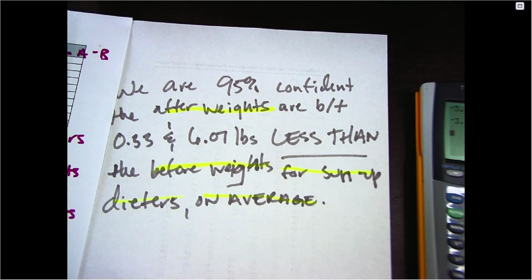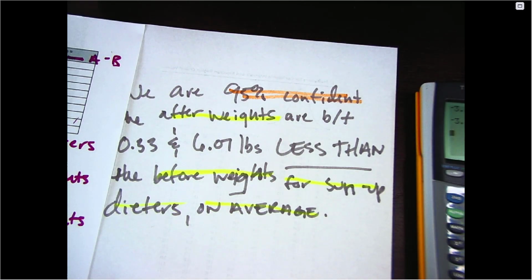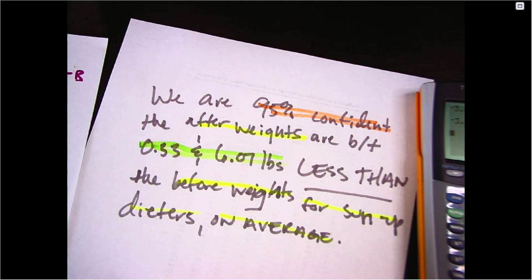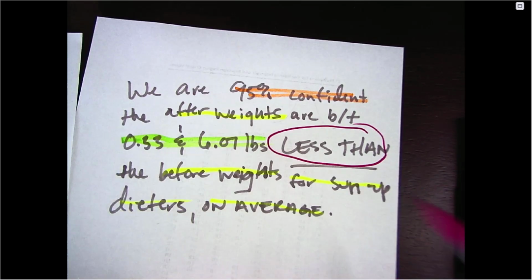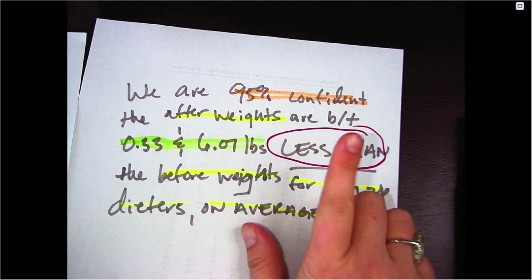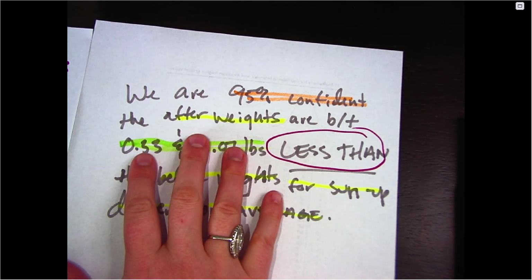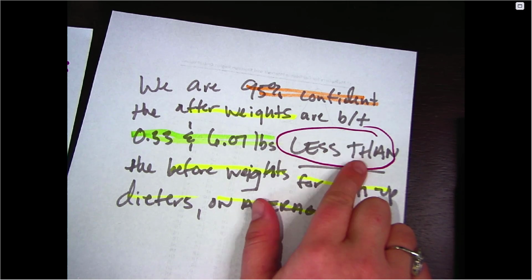Then the other thing we always need is how confident we are, and then we also need the interval itself. This one for y'all, where it's going to have some confusing aspects, is less than or greater than. If you have a positive interval, you would say more than. If you have a negative interval, you would say less than. But you always want to state the numeric values as positive, and then just adjust the sign based on saying less than or more than.